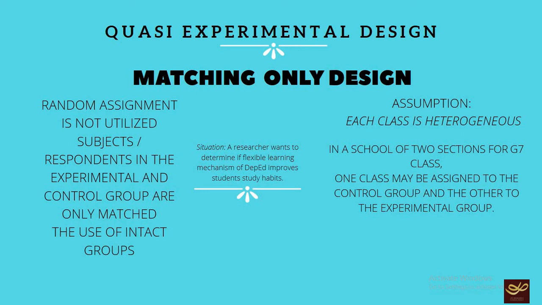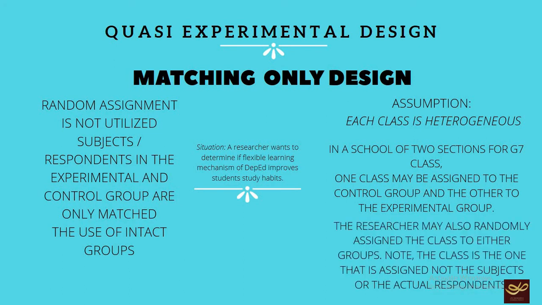If it's a tail, then Section A will be the control group. So having said that, that is what we refer to as matching only design. So the researcher may also randomly assign the class to either groups. Note that the class is the one that is assigned, not the subjects or the actual respondents.